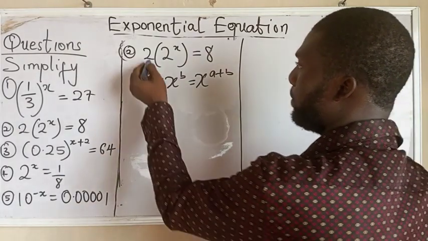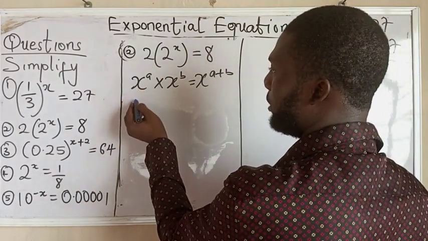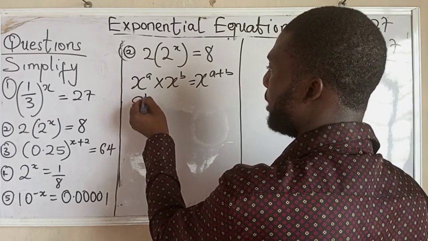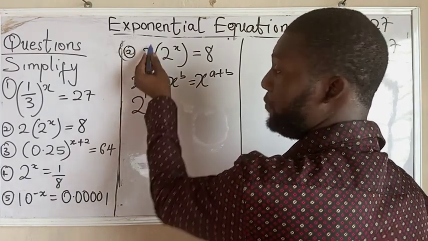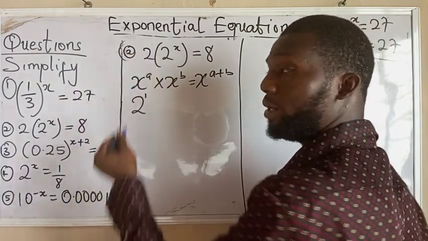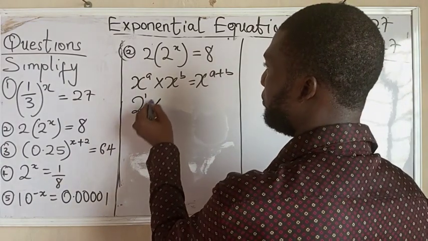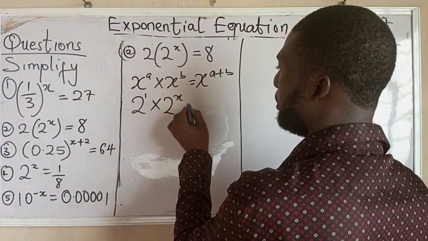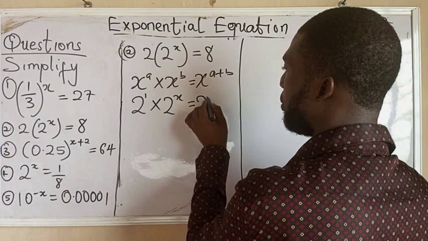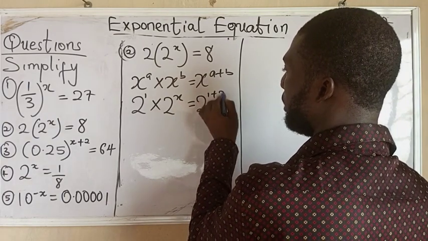As you can see, it's the same as saying 2 raised to power 1. This has an invisible 1, because 2 raised to power 1 will give us 2, times 2 raised to power x, which is equal to what? 2 raised to power 1 plus x.